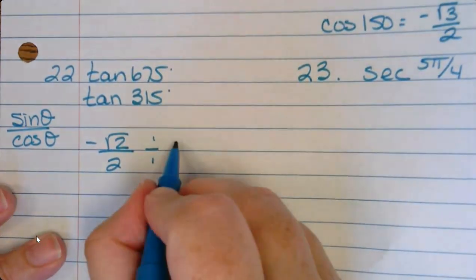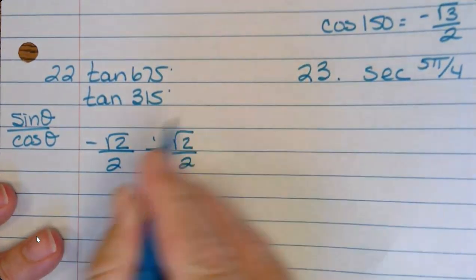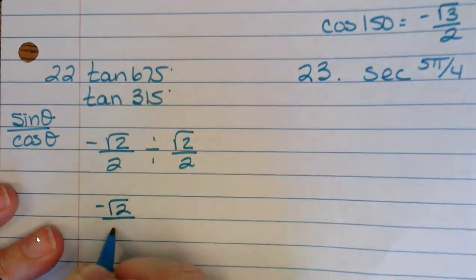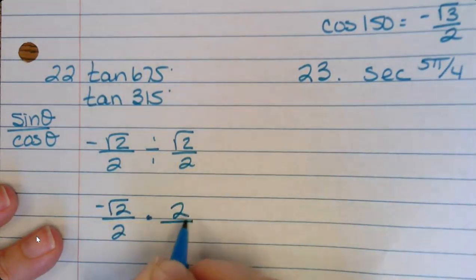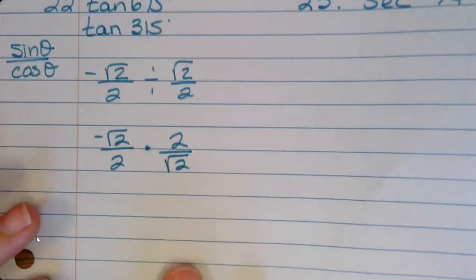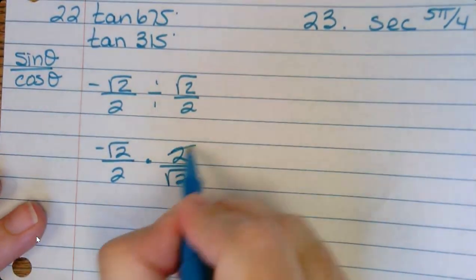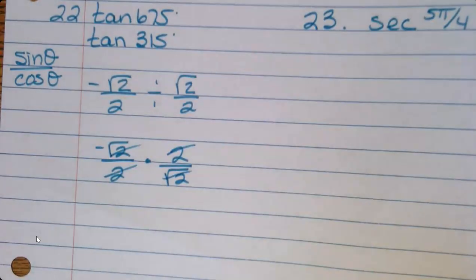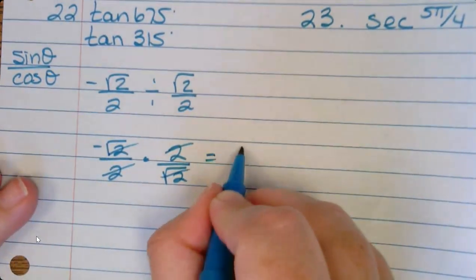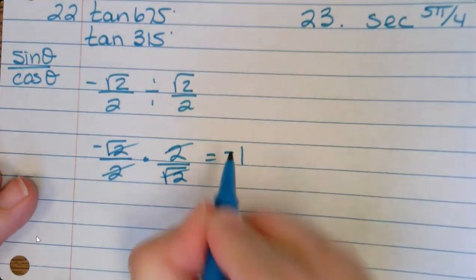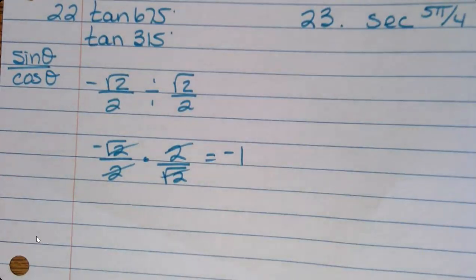Cosine will be positive square root 2 over 2. Keep, change, and flip. Please be careful in this one. If everything cancels out, it's a 1. But we have a negative, so the answer here is a negative 1.